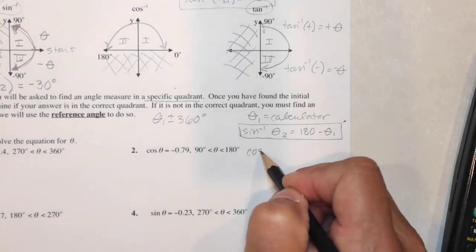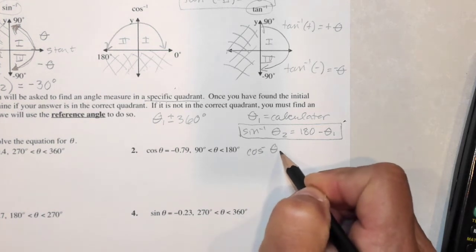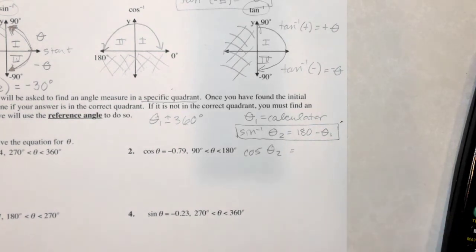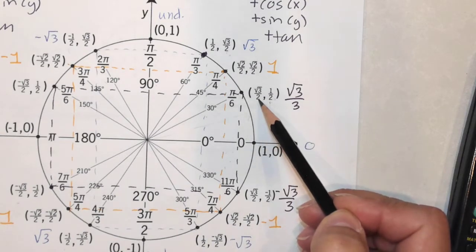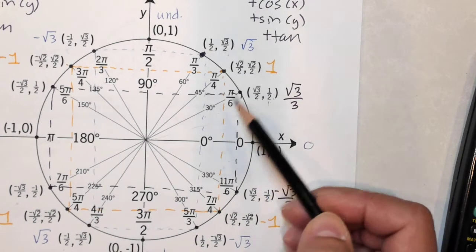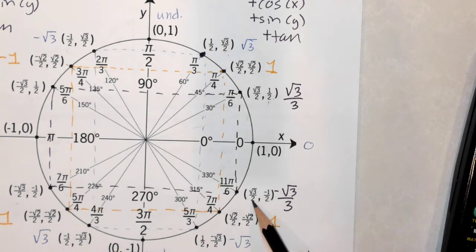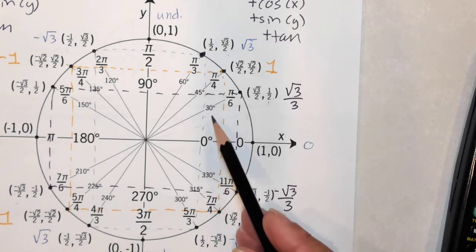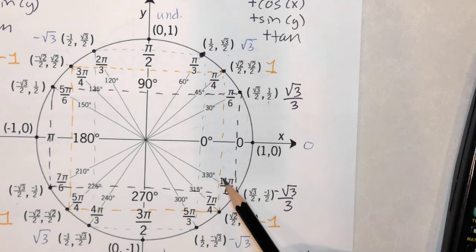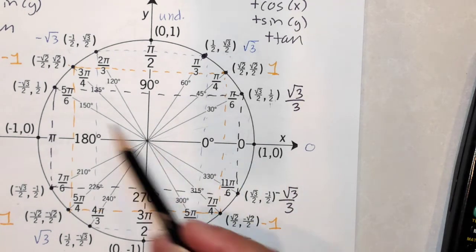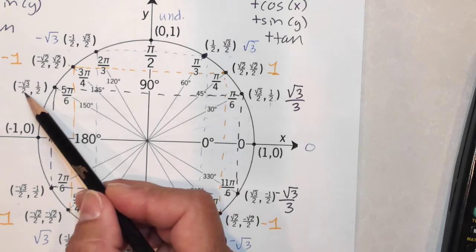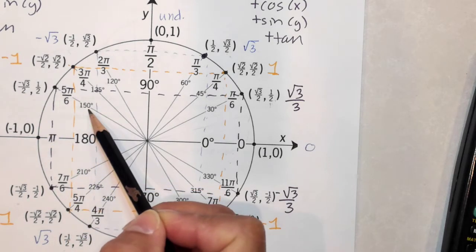Okay, what if I'm working with cosine? How will I find my second option if the calculator gives me one? Well, let's look. Here the cosine is root 3 over 2 at 30. The other place it's root 3 over 2 is down here at 330. So those two, instead of adding up to 180, add up to 360, and that's always the case. Let's say I go here where the cosine is negative root 3 over 2, 150.